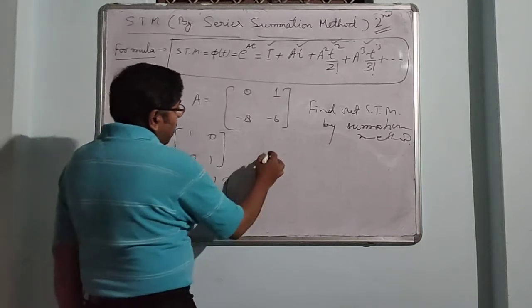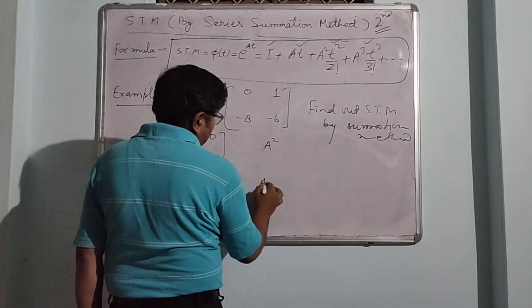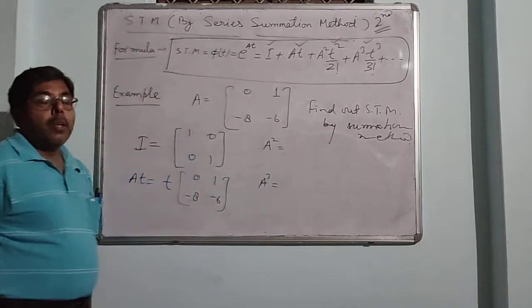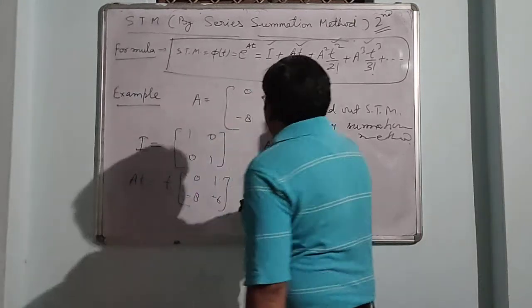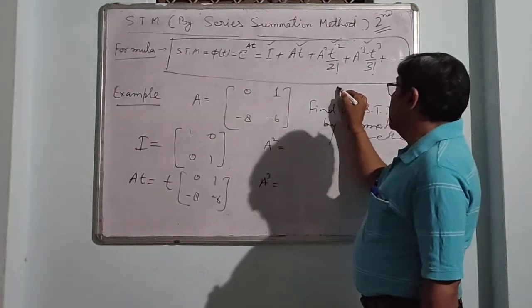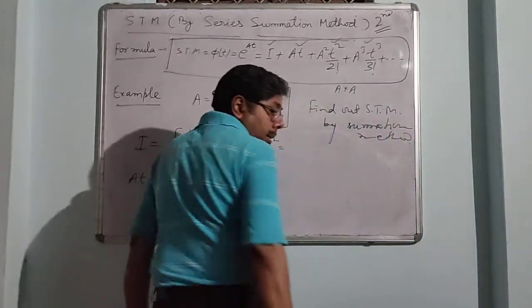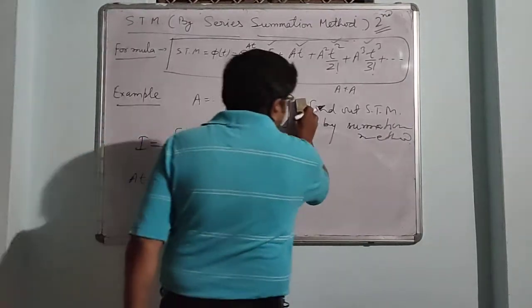Then you have to calculate all these terms. A square and A cube. So after multiplication of this, A cross A means you have to find out this, and you can use product of matrices.